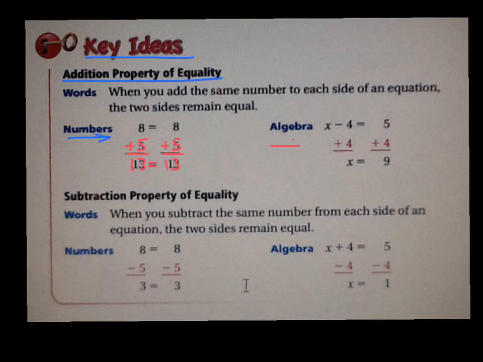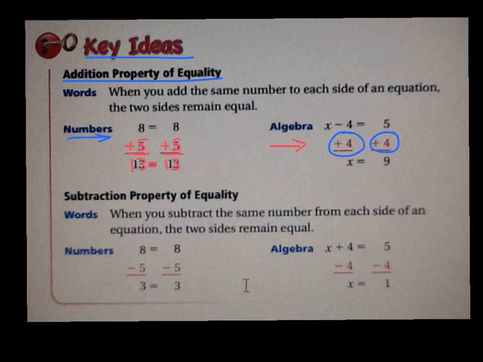If I look at it algebraically, if I had x minus 4, and I added 4 to this side, I do it to this side too, because remember, we always talk about if you do it to one side, you do it to the other, you do it to the top, you do it to the bottom. It's kind of like a main rule in math.